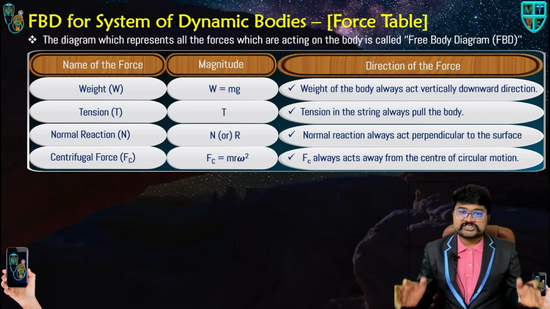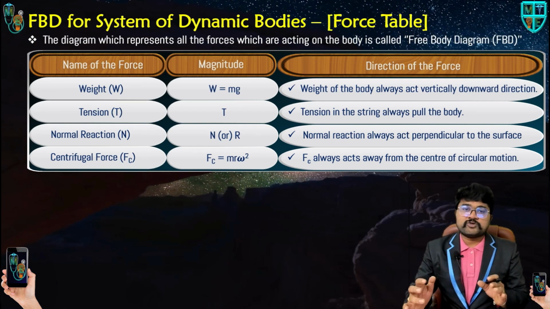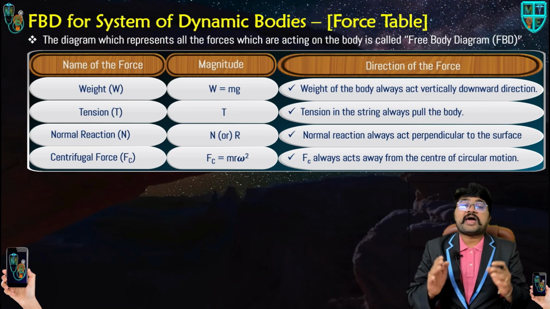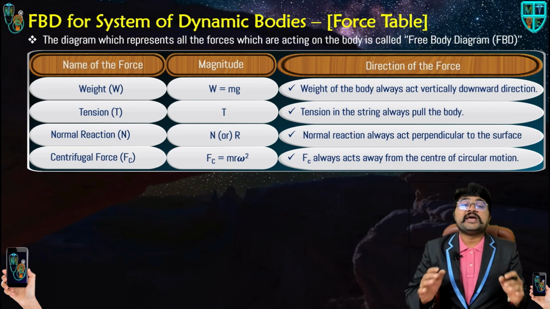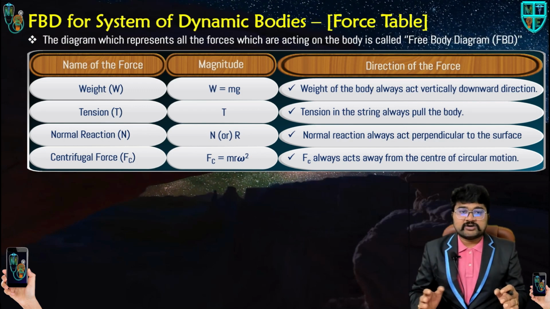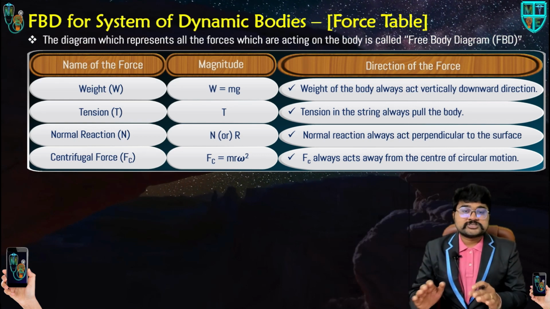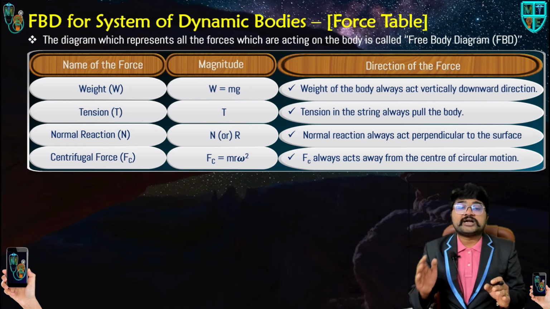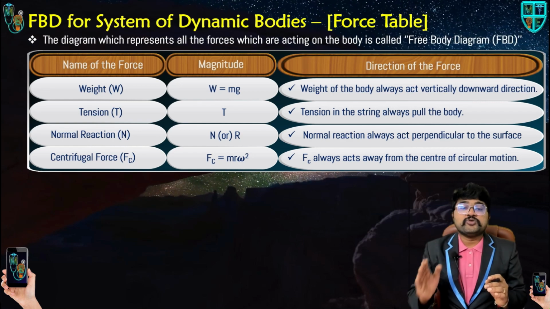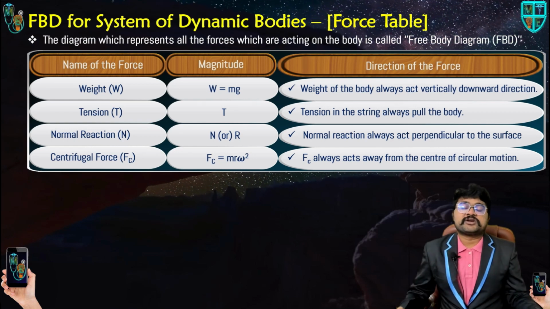In this session, you will be focusing on centrifugal force. Centrifugal force always acts opposite to the direction of centripetal acceleration, that is radial acceleration. Radial acceleration always acts towards the center of the circular motion. That is why centrifugal force always acts away from the center of circular motion.